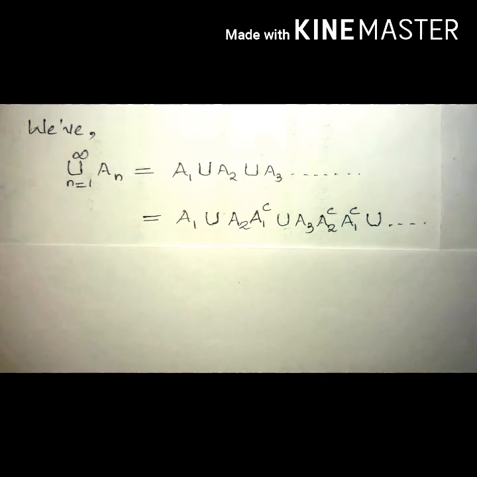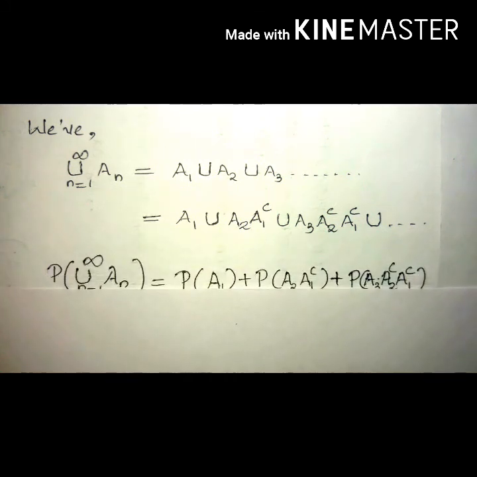Since these are disjoint events, we can apply probability on both sides.